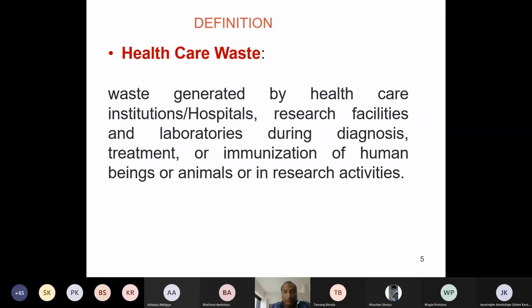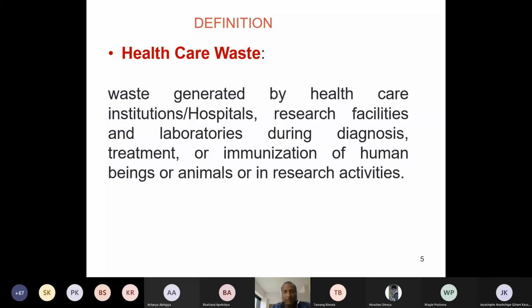So from where is it generated? It is generated from the hospitals, from various wards, emergency, and in case of COVID-19, we can say the COVID-19 unit, and those who try to examine whether they have some symptoms or not.